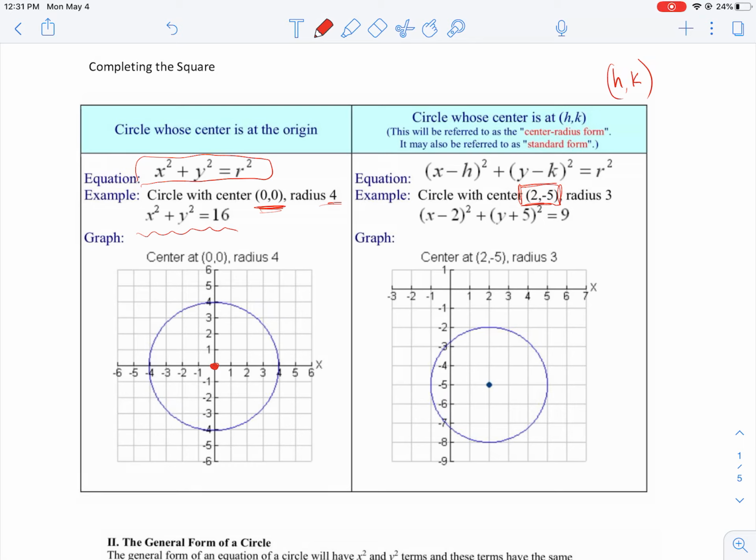Your 2 goes in for your h. Your -5 goes in for your k. But if you notice, that is a -5. So this one would be x minus 2 squared plus y plus 5 squared. And then our radius is 3. So therefore our equation looks just like this.